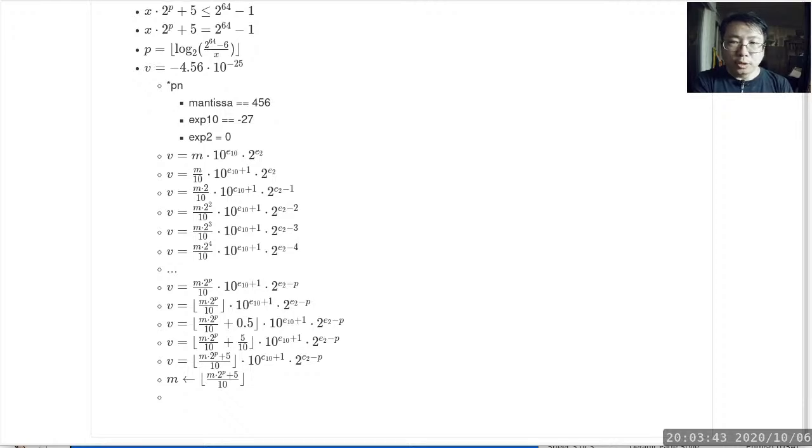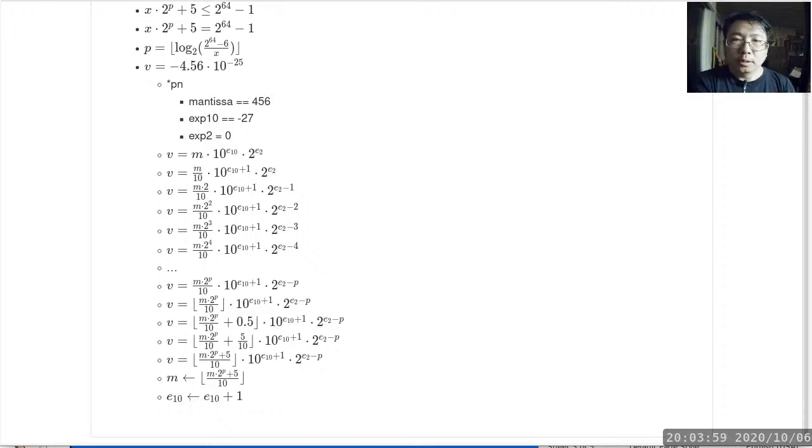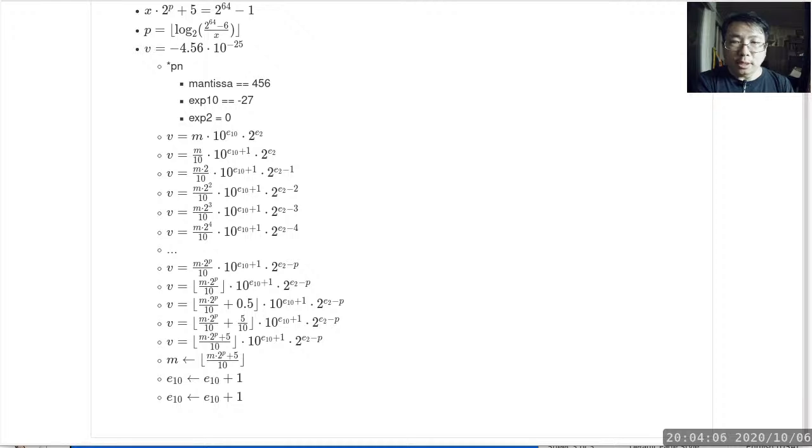Then we also want to update E10, right? So E10 is easy because it is just updated to what it was, E10, and we can bump it up by 1 now. That's how we update E10, the exponent of 10. And then this is how we update E2.